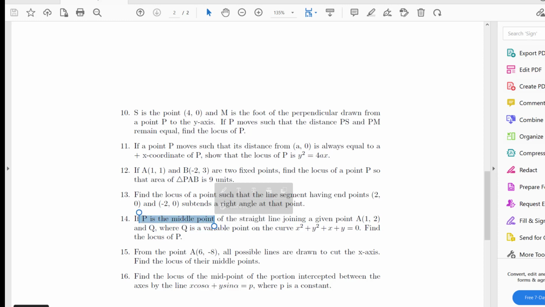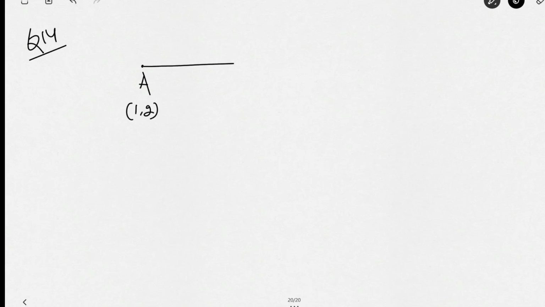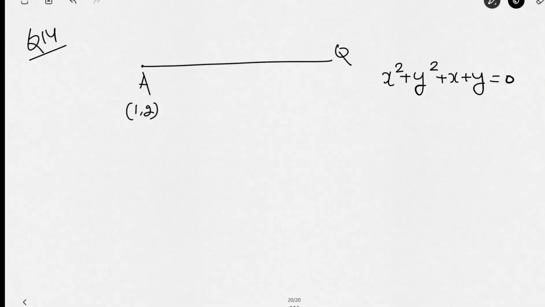All right, so let's draw that. Question 14. One point is fixed. That's A, 1 and 2. And other point Q is also varying, but it is lying on the curve x square plus y square plus x plus y equals 0.